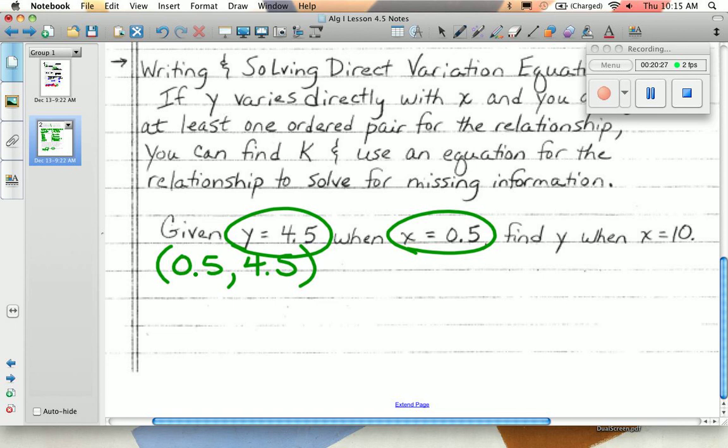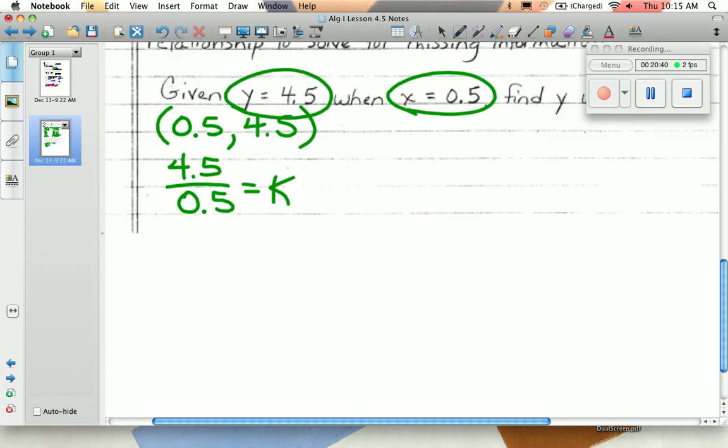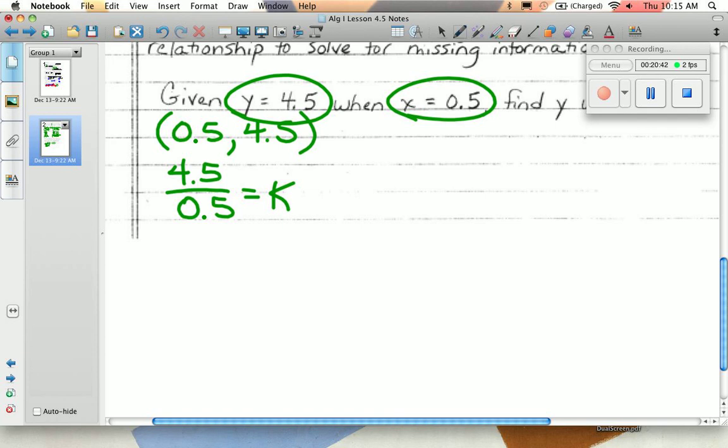So what we're going to do is put the y value over the x value and find our k value, because any y over x from a direct variation should give you your k. So how many halves are there in 4 1/2? 9. So k equals 9.